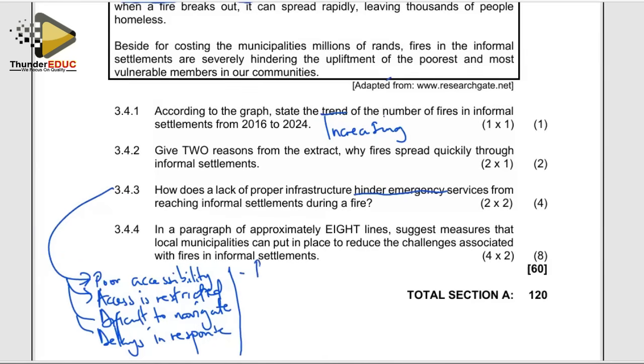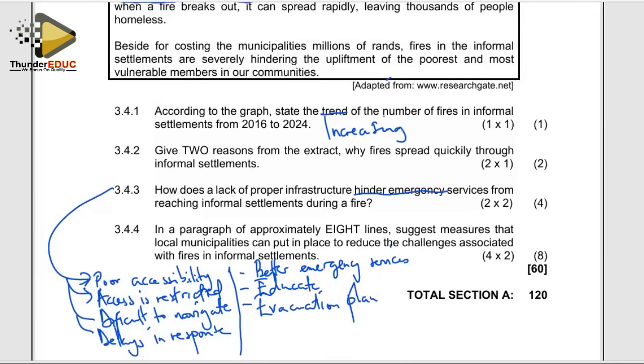Right, they can try to put better emergency services, like firefighting, which must be improved and must be readily available, though it cannot easily access the areas in some other settlements. They can also educate the residents on the dangers of fire and how they must prevent the possibility of fires in their areas. And also we must put in evacuation plans.